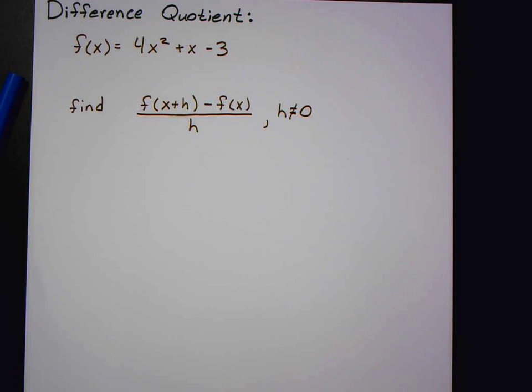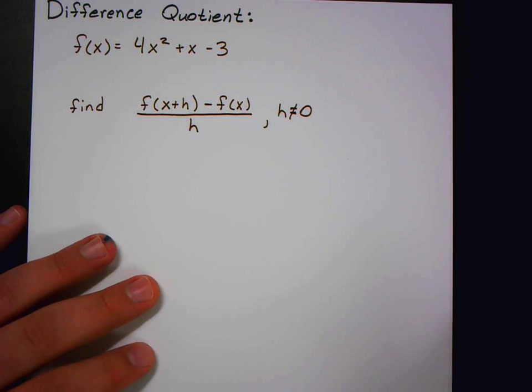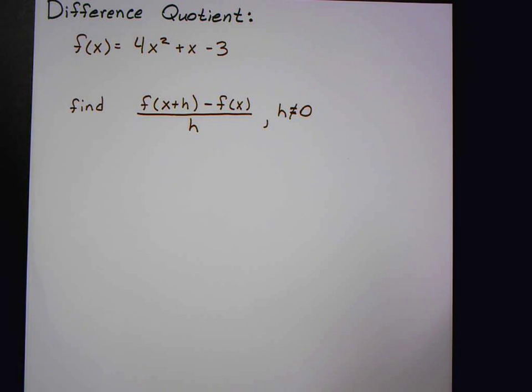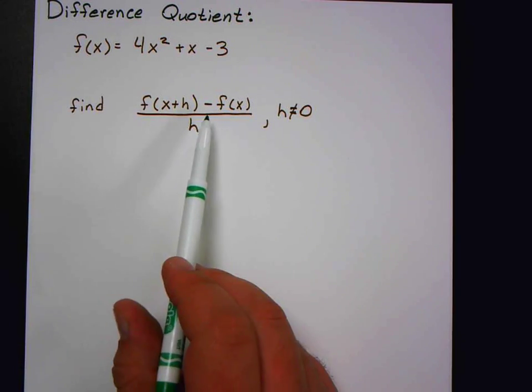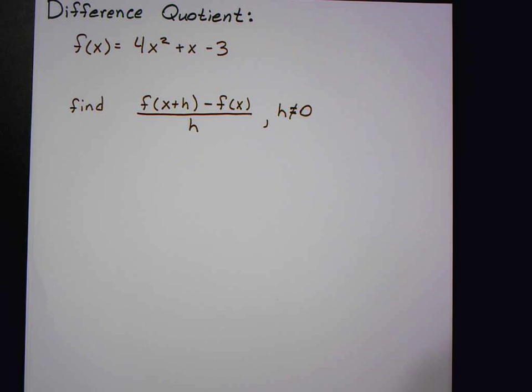But we can do difference quotients. This is like halfway there for doing a derivative. All you have to do is solve that. It's easy. All it is is a really, really fancy function notation problem.